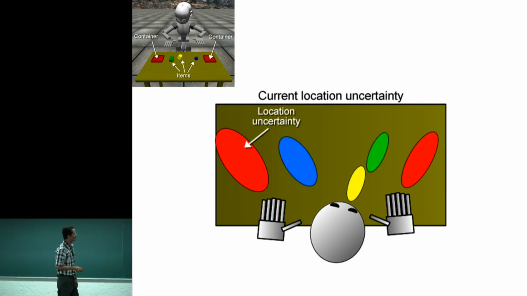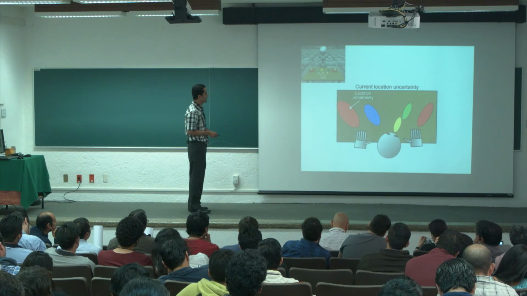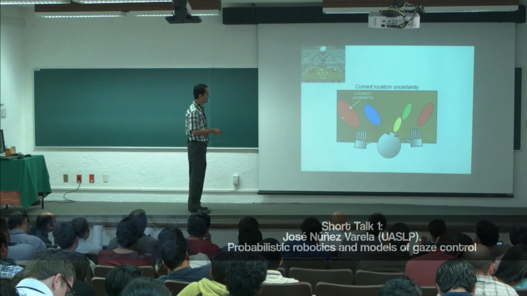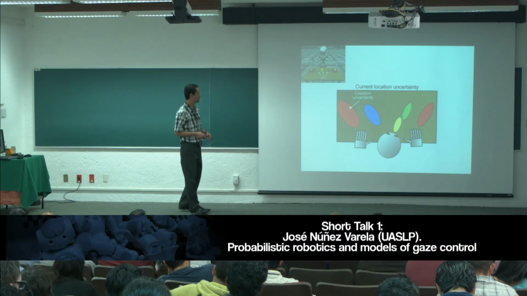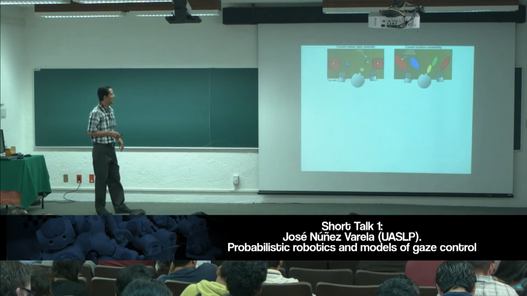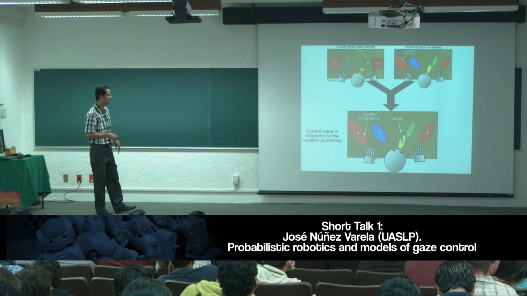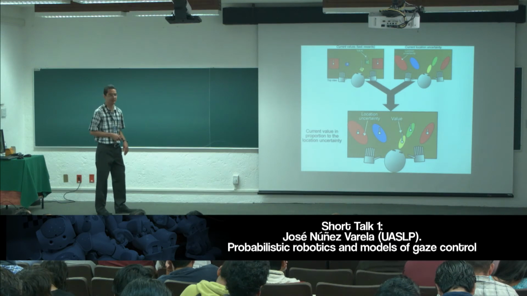Also, I had the location uncertainty using particle filters. I was able to represent the uncertainty about the location of each object using particle filters, and we can measure how uncertain the robot is about something, okay, about the location of some object. If we combine this, then we get a proportion of the value and the location uncertainty of this object.